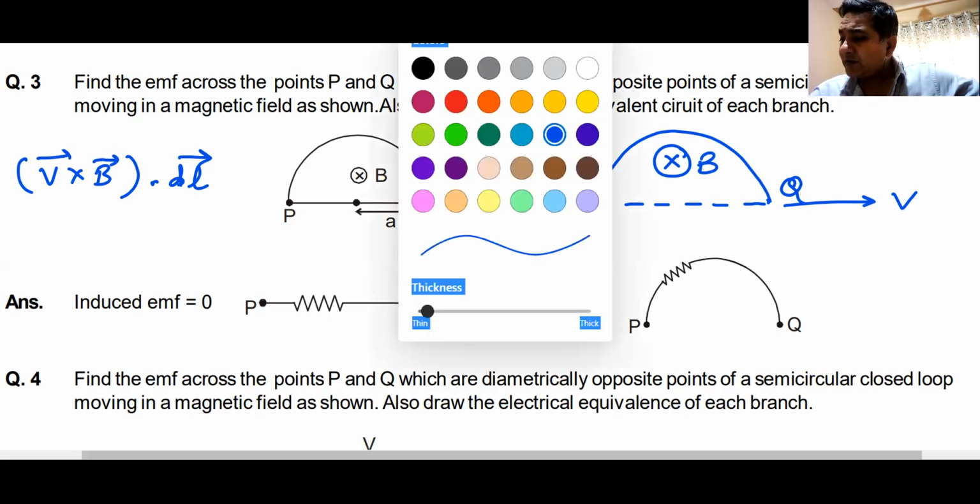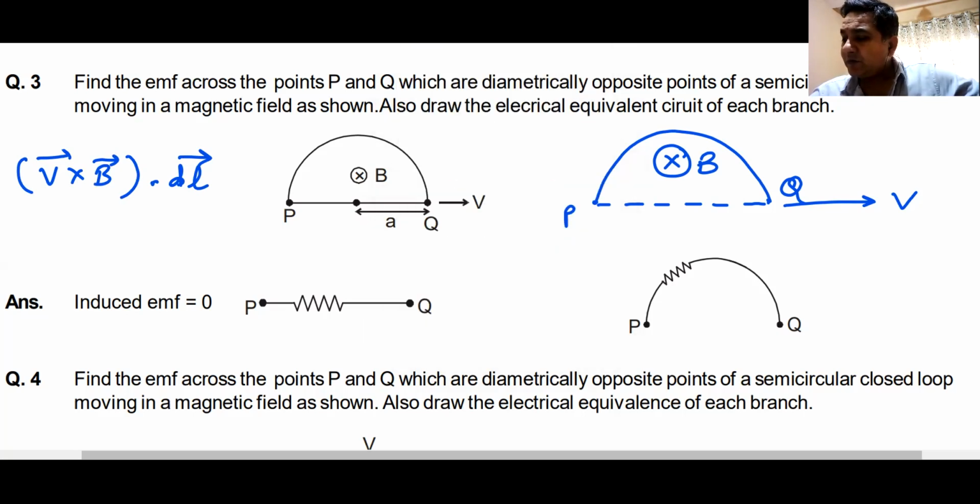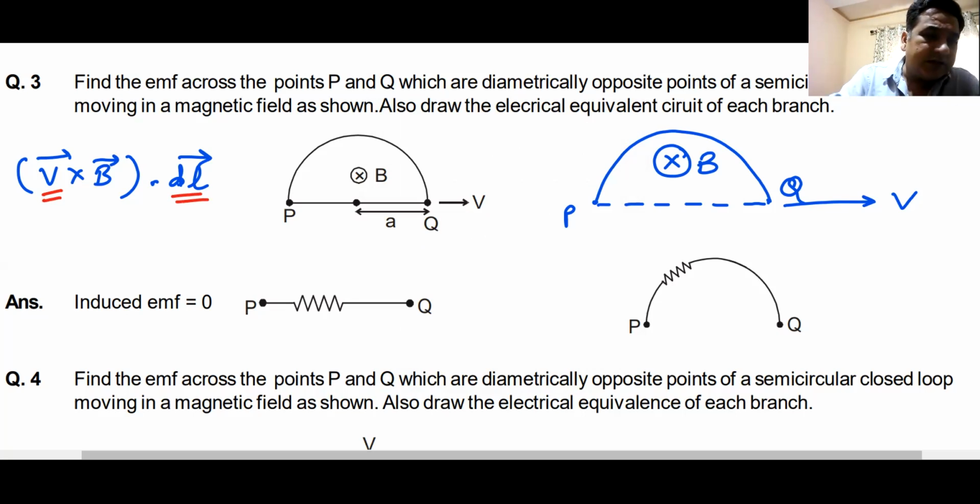Here, vector V and dL are parallel to each other, and hence the induced EMF is zero. Do we understand this?